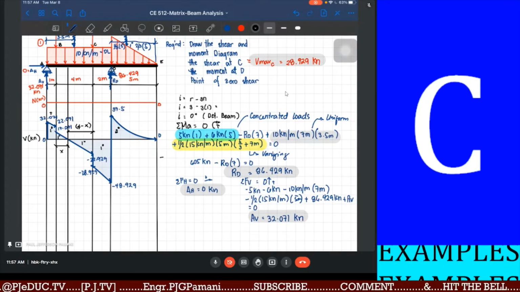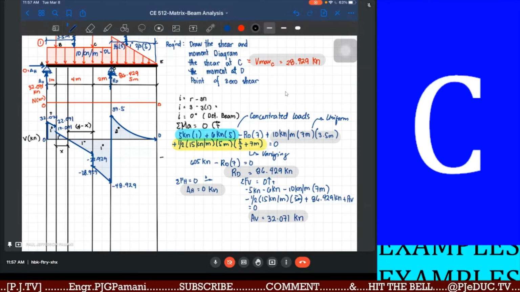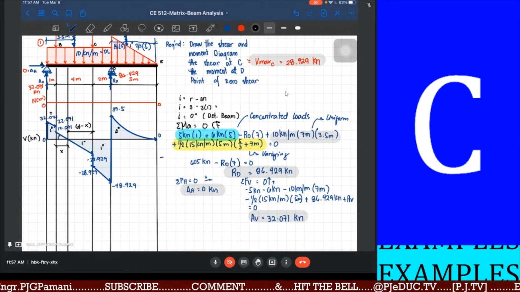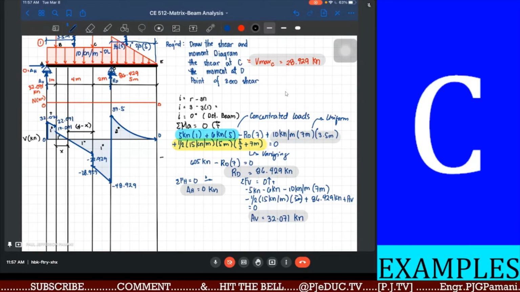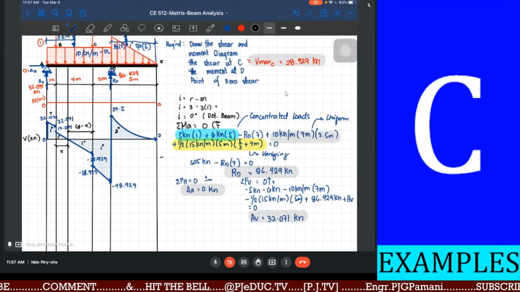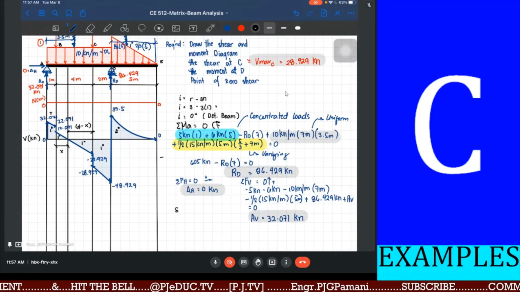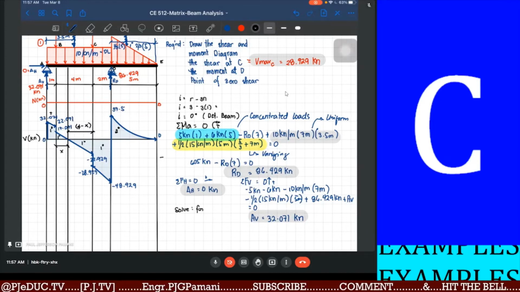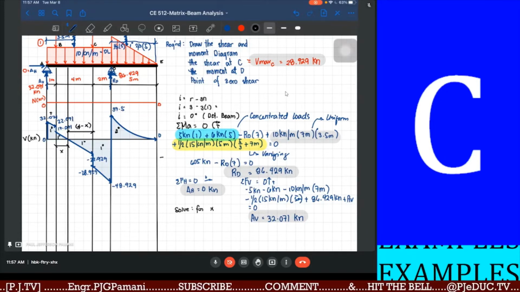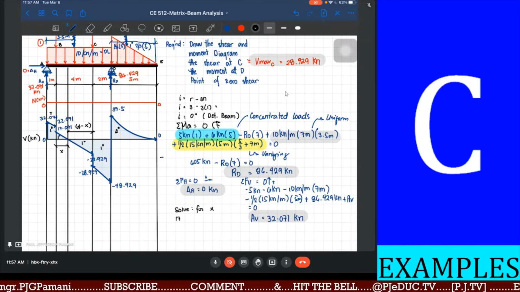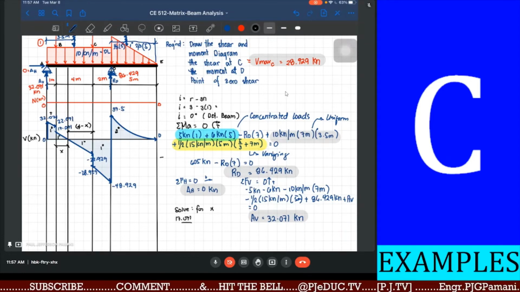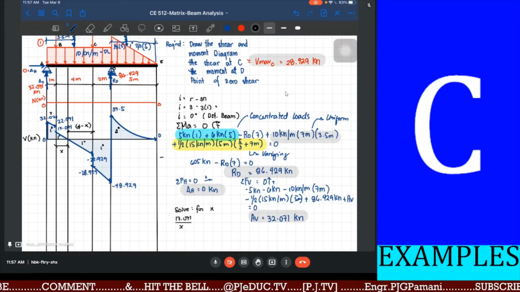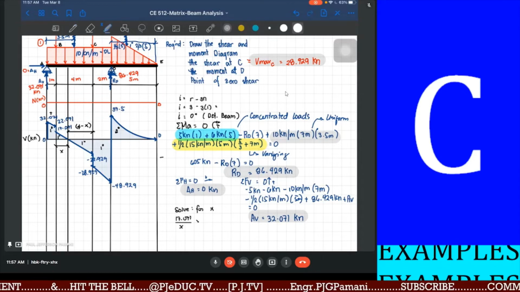How are we going to do that? Solving for x is what? Ratio and proportion. Solve for x. By ratio and proportion, at the x side, we have 17.071 is to x equal now to what?